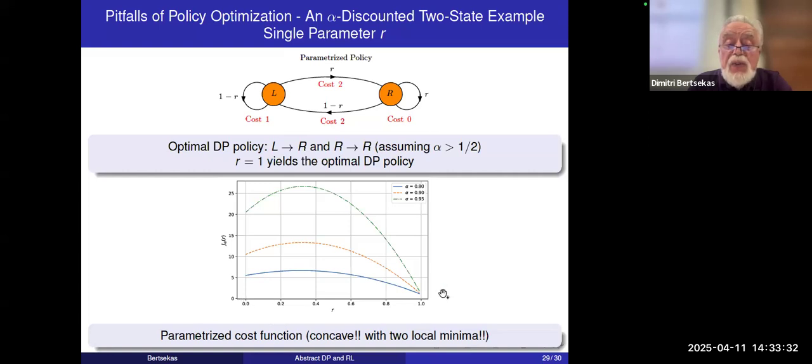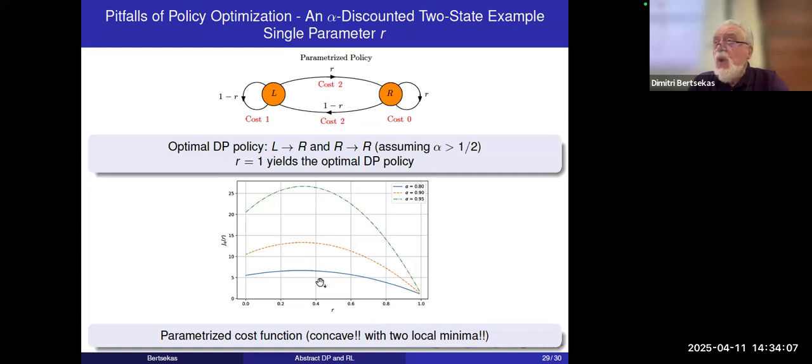And R equals 0 is at the other end, corresponds to doing the opposite, staying at left and moving to the left. Now, the optimum, of course, is this one here. And this is the cost function as a function of R. It's a scalar cost function. And it's concave. It's not convex as you would like, it's concave. And it has two minima. One is optimal and the other is the worst possible, okay?